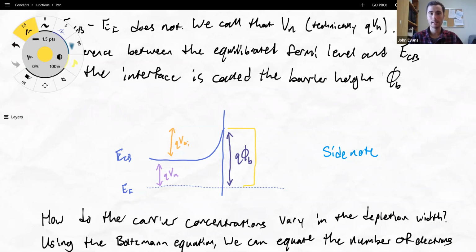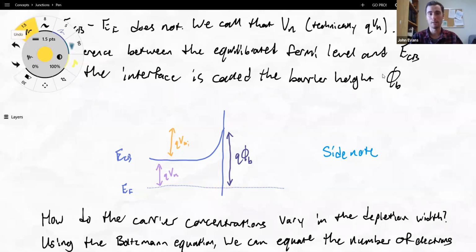So you can think of that as what's the barrier for an electron to go from our chemical potential all the way up here, right? Which will be important because if we're doing chemistry, all of our electrons are going to be hanging out around this level.